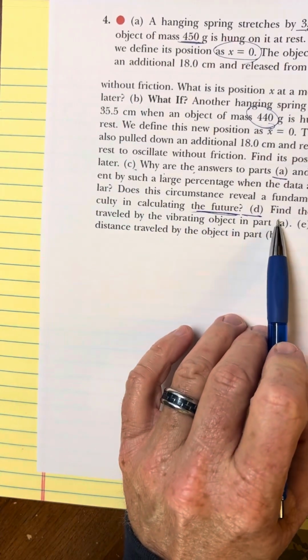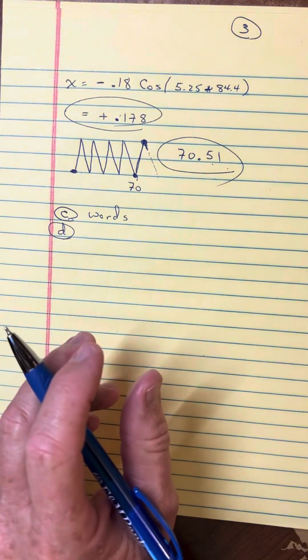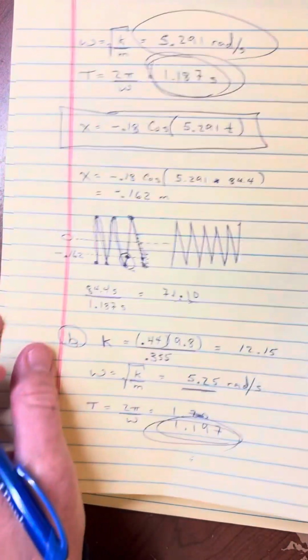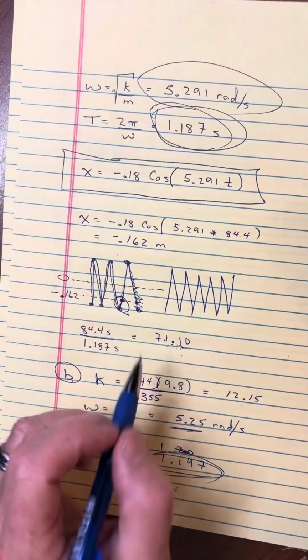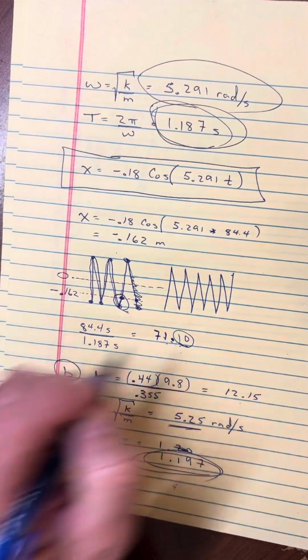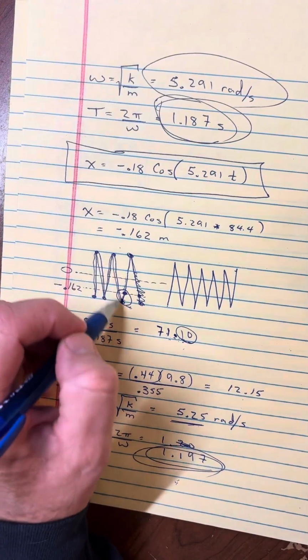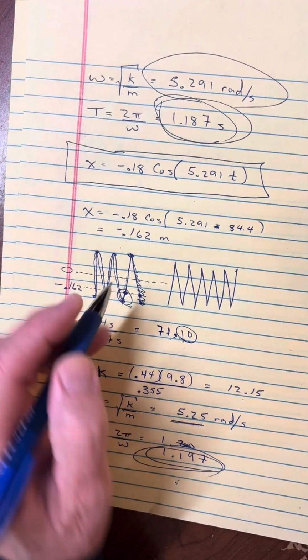Okay. Calculate the distance traveled. Now, remember we said it went up and down. I think it was 71. Where was it? Here. Yeah, on page 2. On page 2, we said it went up and down 71 times and a little bit more. And we drew this picture, 71 and a little bit more.